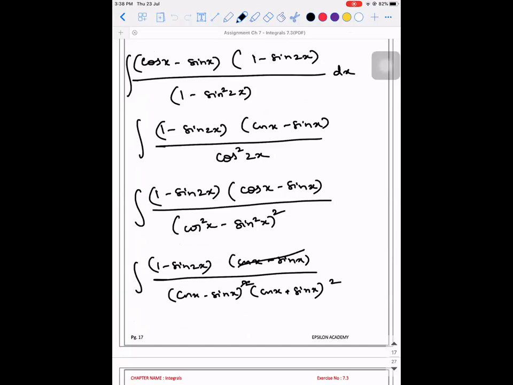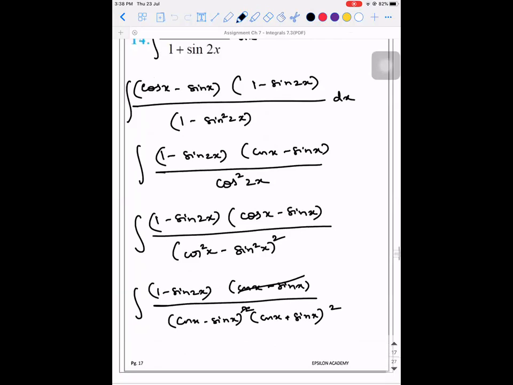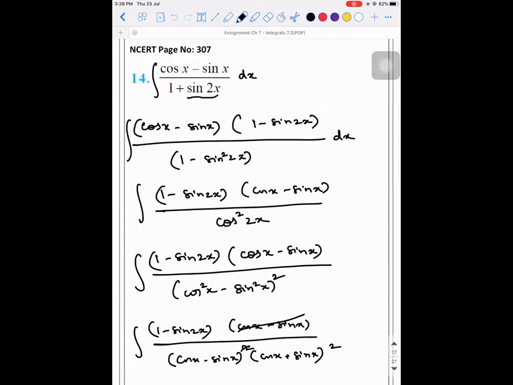See, when you recollect from inverse trigonometric functions, wherever you have sin 2x, so if you have 1 plus sin 2x, let's see if we can solve.